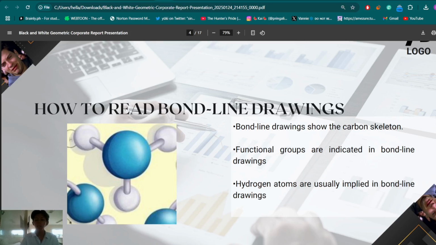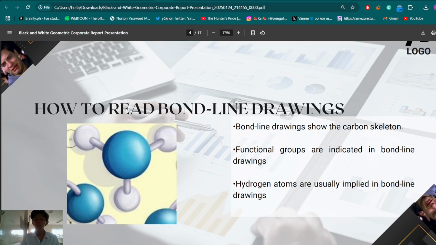How to read bond-line drawings? Bond-line drawings show the carbon skeleton. Functional groups are indicated in bond-line drawings. Hydrogen atoms are usually implied in bond-line drawings.